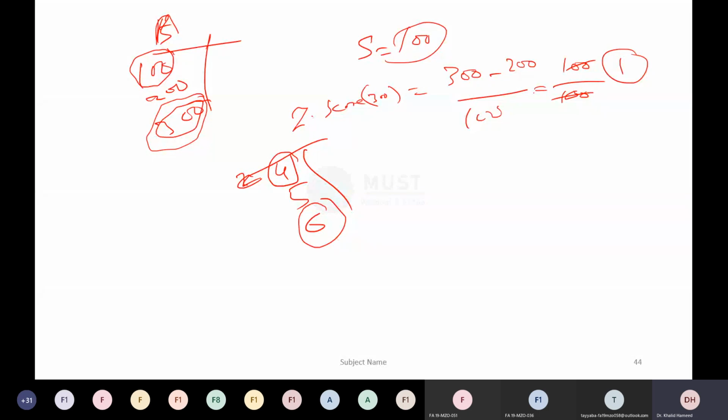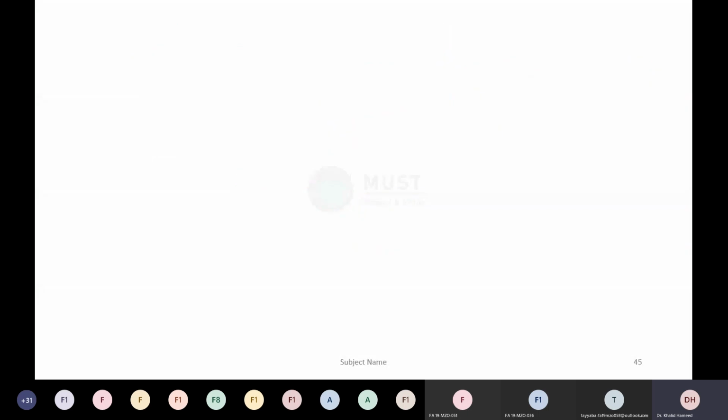Now I am going to switch to another concept, that is standard error. Can anyone define what is standard error? Normally we have different kinds of standard error, but the most prominent is always the standard error of mean.